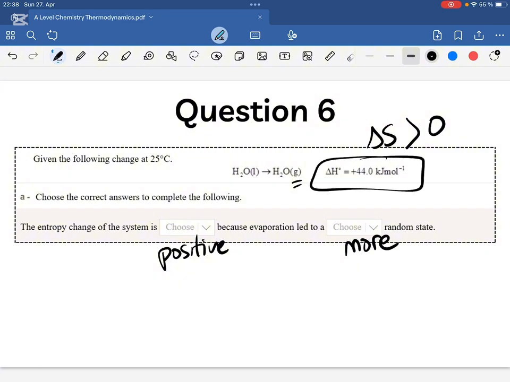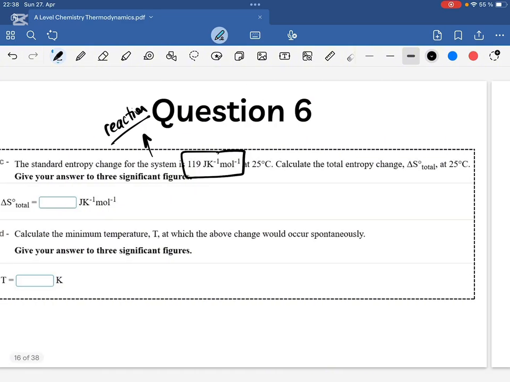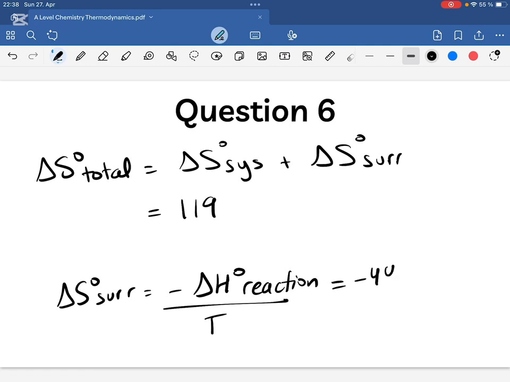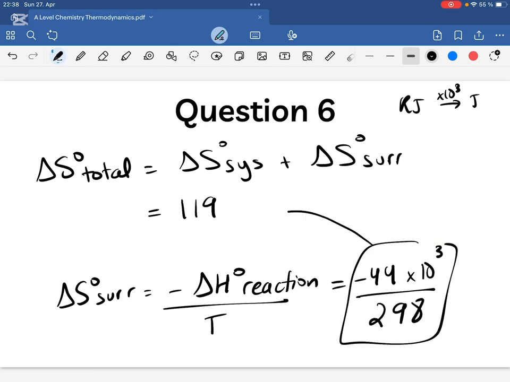It's plus 44, so this one's going to be minus 44. However, we need to change the unit from kilojoules to joules, so we need to multiply by 10 to the power of 3. So it's going to be minus 44 times 10 to the power of 3 over 298. And we're going to put this value over here.